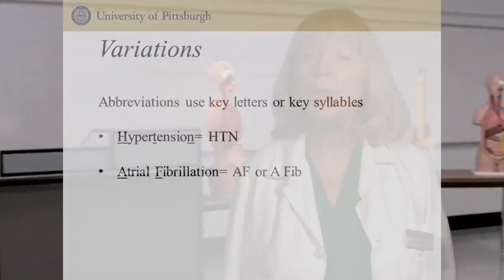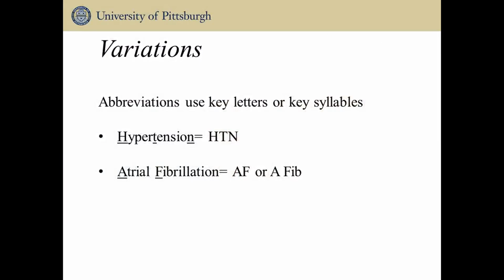Some abbreviations do not follow the first letter rule. Sometimes key letters or key syllables form the abbreviation. For example, hypertension is abbreviated using HTN. Or we see the term atrial fibrillation abbreviated as either AF or AFib.